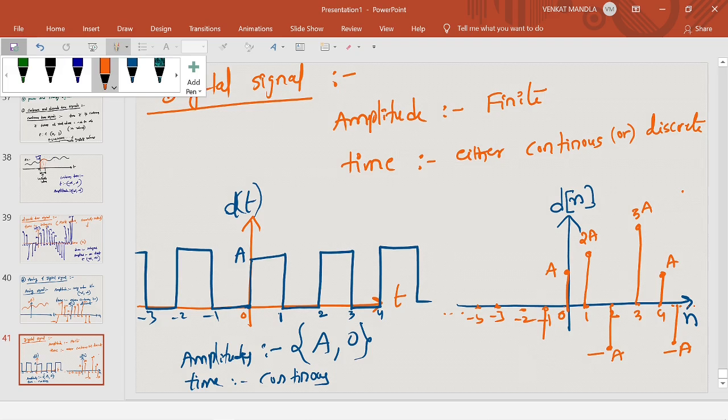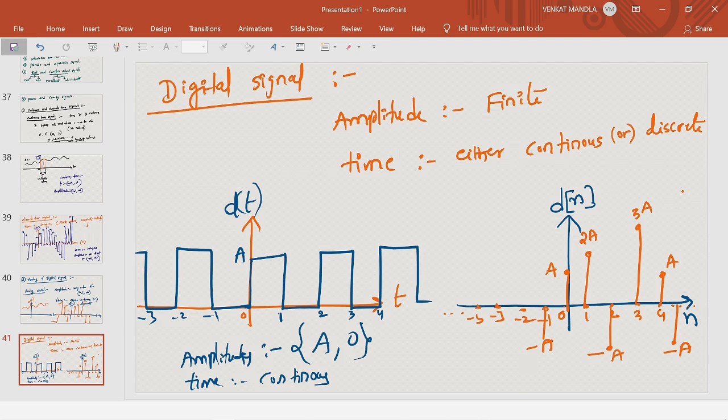At minus 1, let us say minus a. At minus 2, 2a. At minus 3, 3a. And so on. So the only amplitude values here are minus a, a, 2a, 3a.